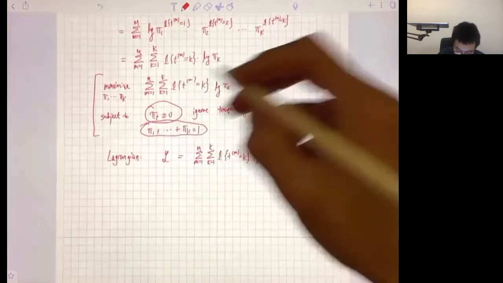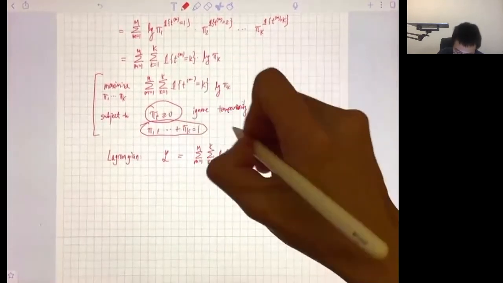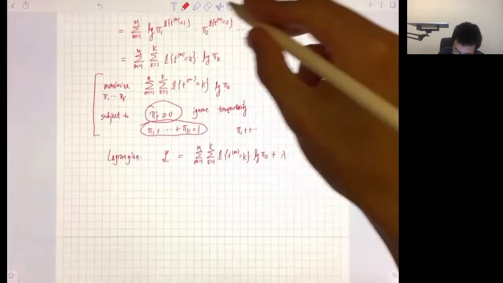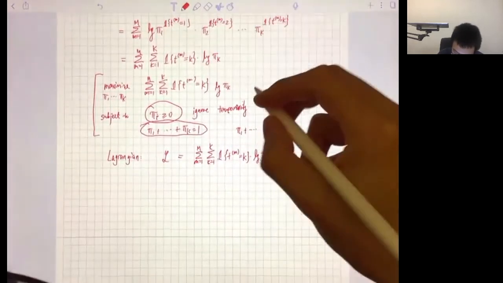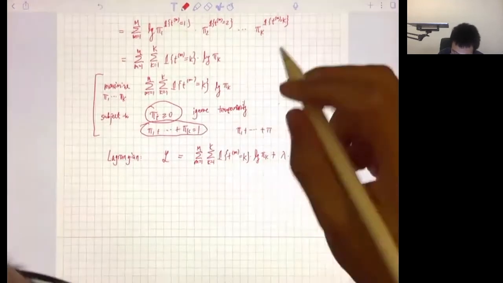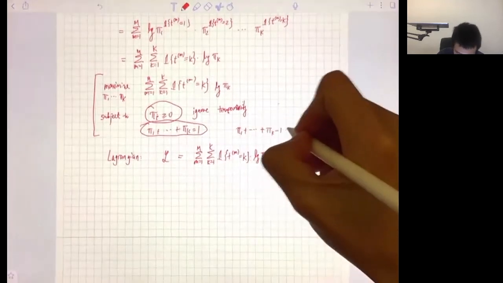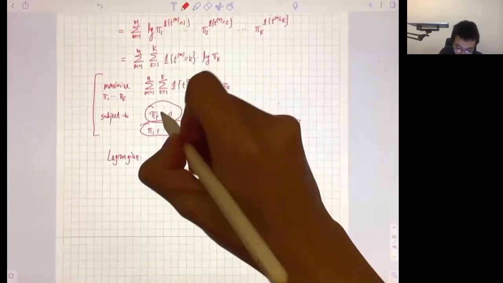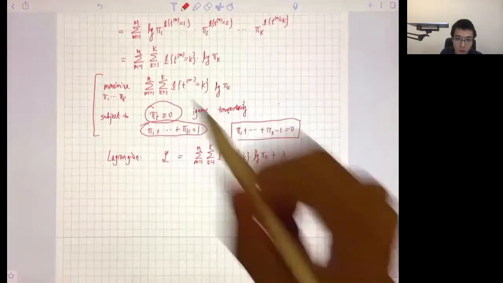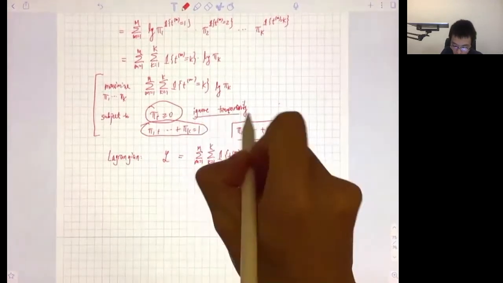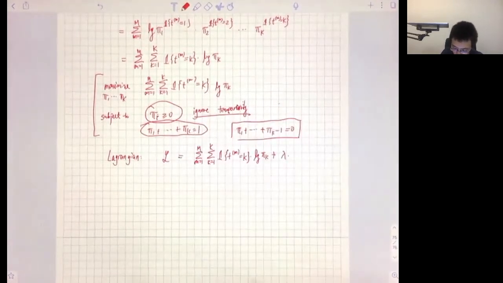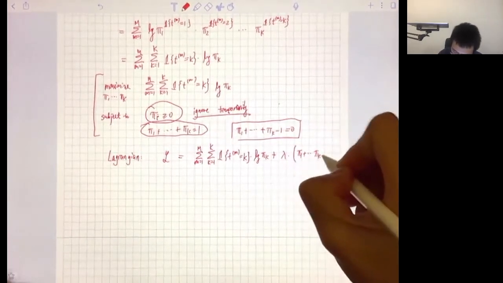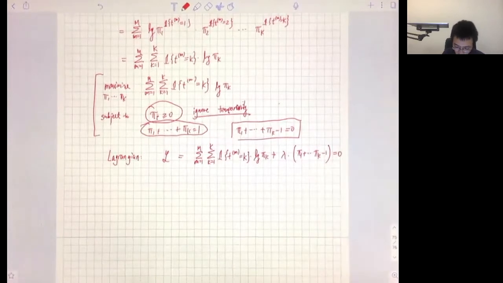Okay, so I mentioned that when you consider the constraint, it must be something equals 0, okay? If you have 1, then it's likely that you make an error. So I must have the linear constraint as something equals to 0. An inequality constraint is something less than or equal to 0, okay? But here we ignore the inequality constraint temporarily. So we say lambda times (pi1 plus ... plus pi k minus 1) equals 0, okay?